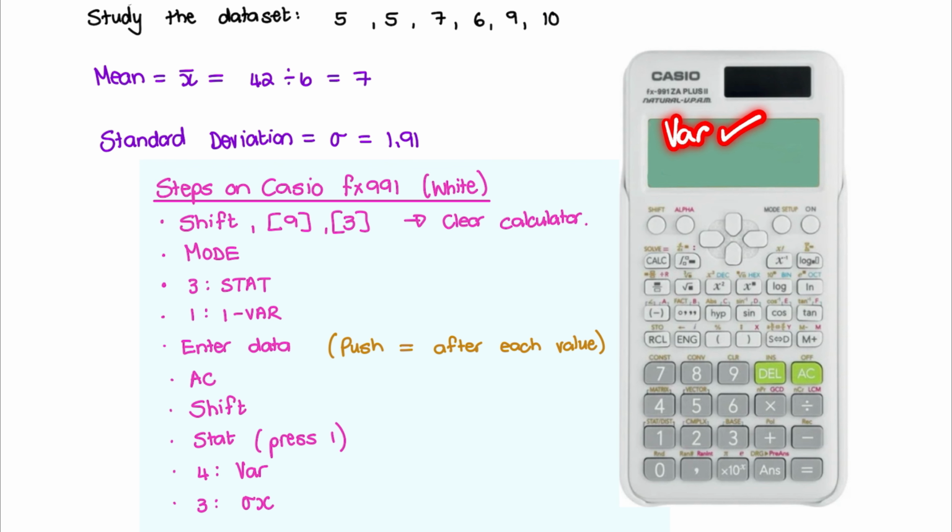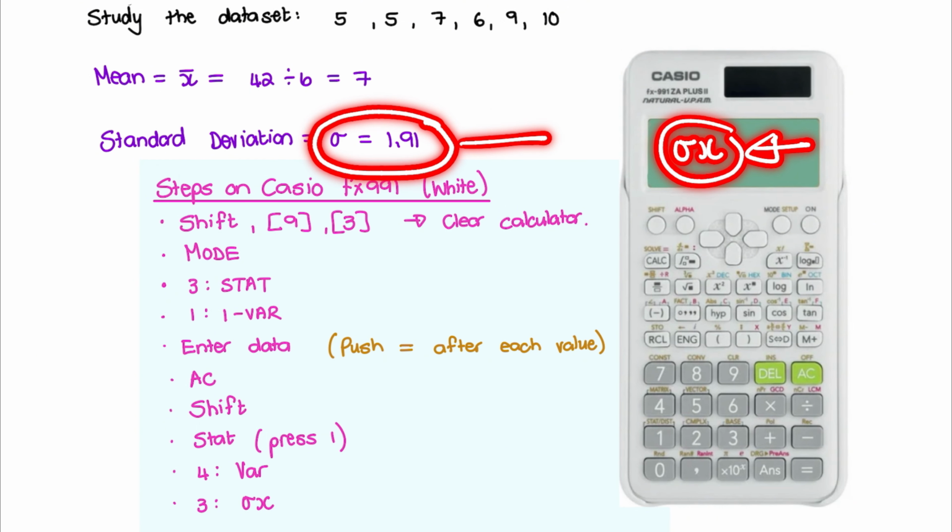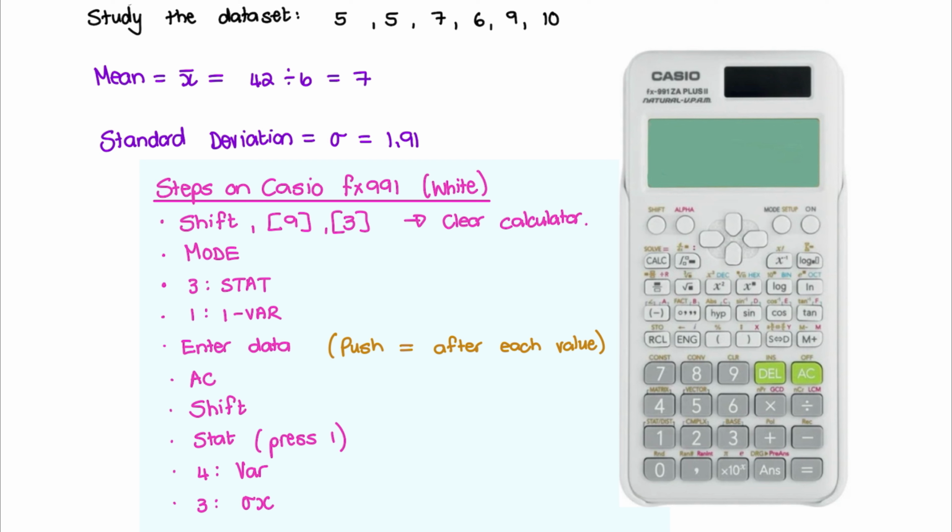You press Var, and a few options will open up again. Then you're looking for sigma x, the lowercase sigma. This symbol on the calculator represents the value of the standard deviation. So the standard deviation for this data set is 1.91.